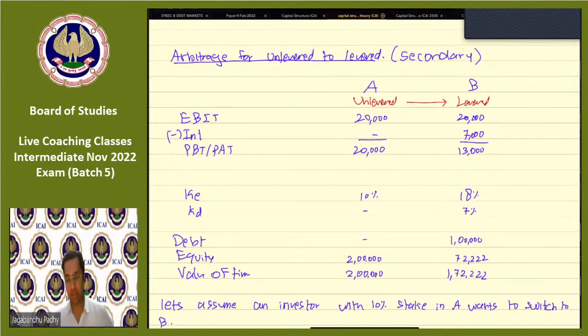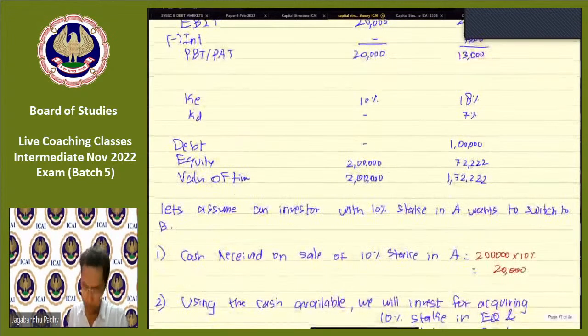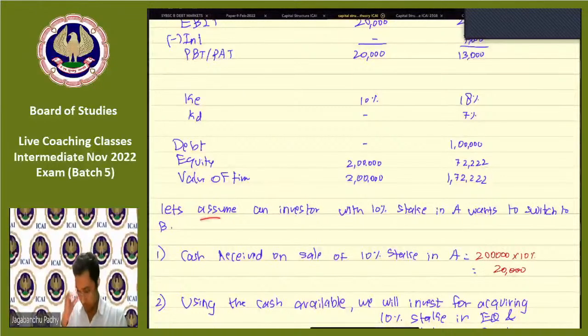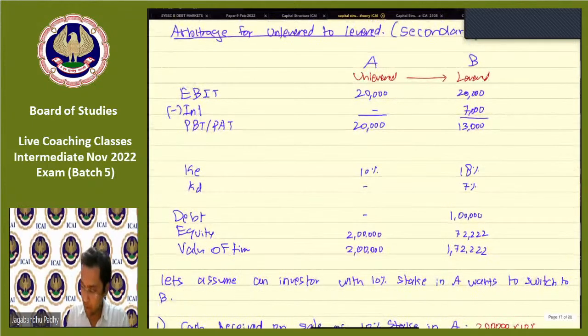With an investor switching from unlevered to levered, how is that going to happen? Let me recap it for you. Let us assume an investor has a 10% stake in company A and wants to switch to B. Of course, he will first evaluate whether he's getting some additional return.